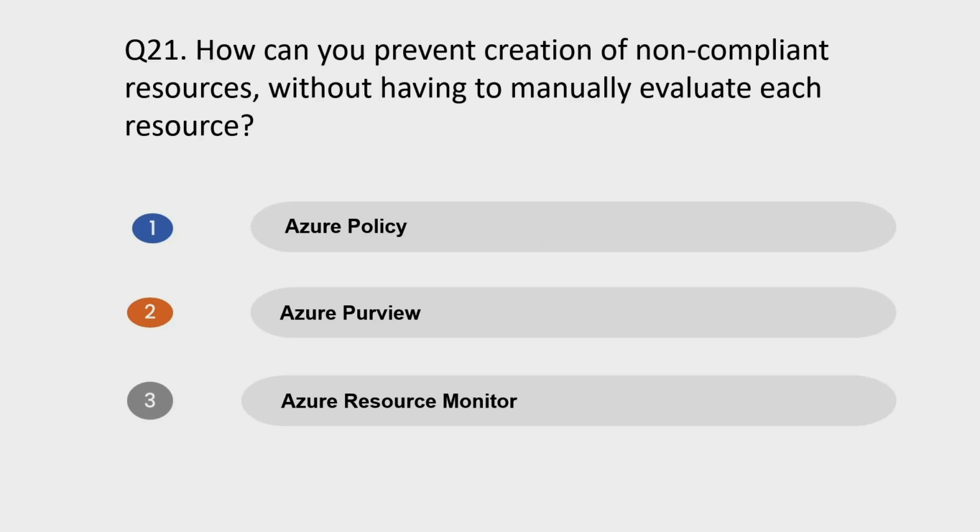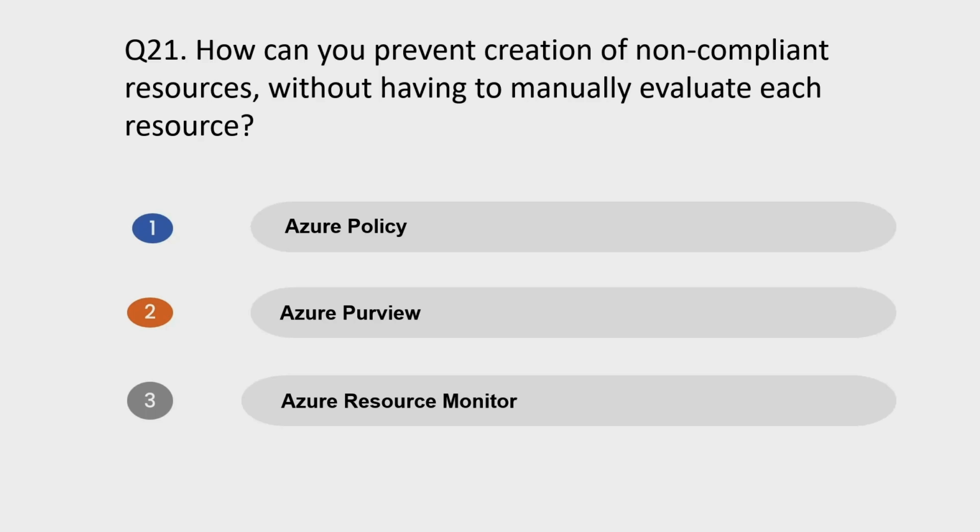Question number 21. How can you prevent creation of non-compliant resources without having to manually evaluate each resource? For this question, say suppose I am stuck, I don't know the answer, I wanted to eliminate the wrong answers first. The answers are Azure Policy, Azure Purview, and Azure Resource Monitor. Let us see the answers one by one.